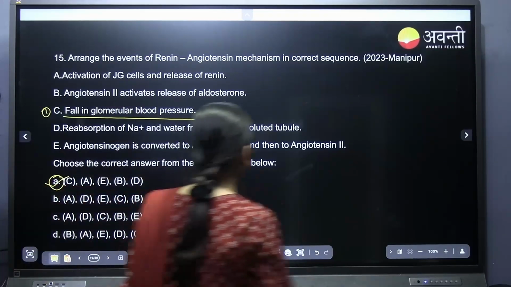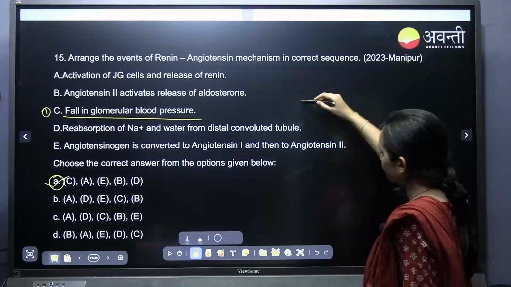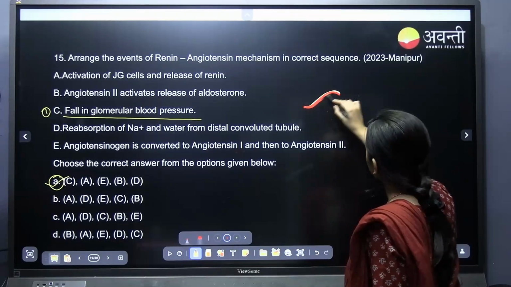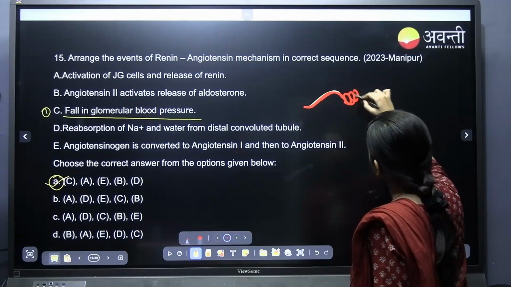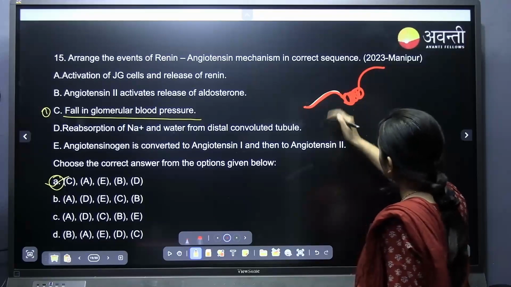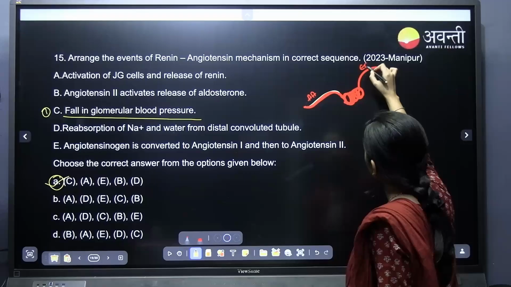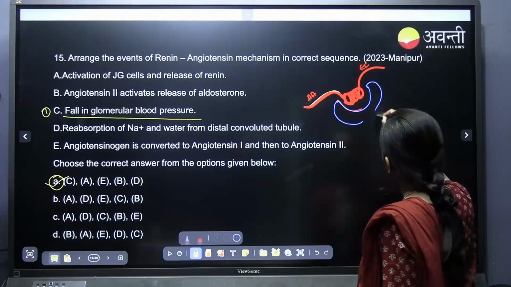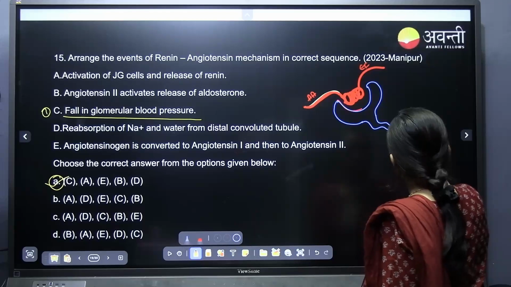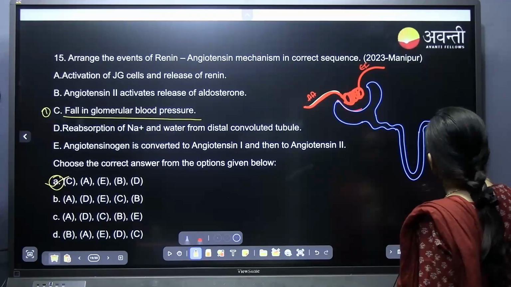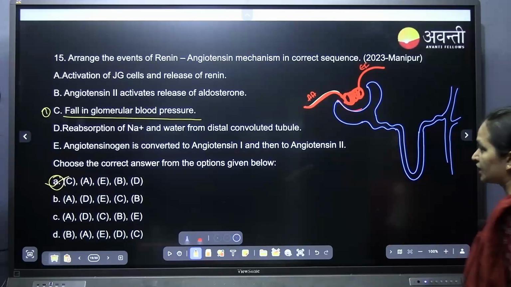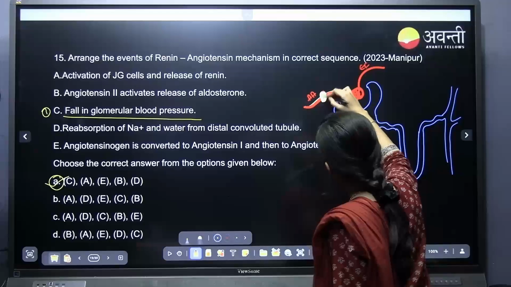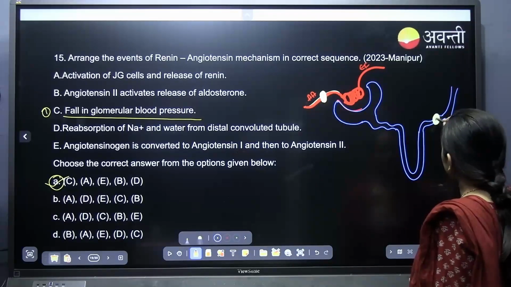Where are the JG cells present? Tell me. For example, if this is the afferent arteriole and this is the efferent arteriole, and this is the Bowman's capsule, the JG cells are present here, and again in the DCT.